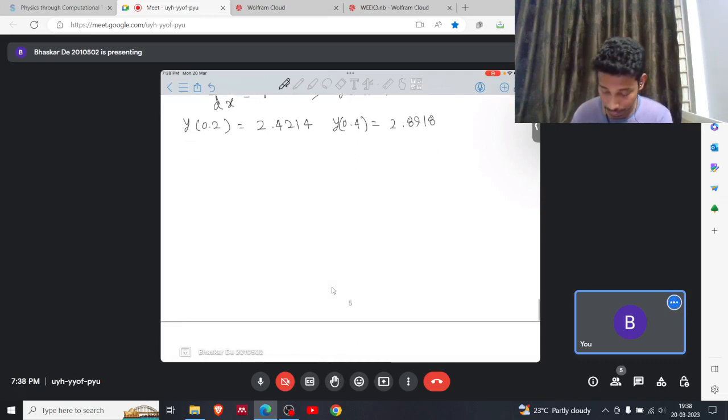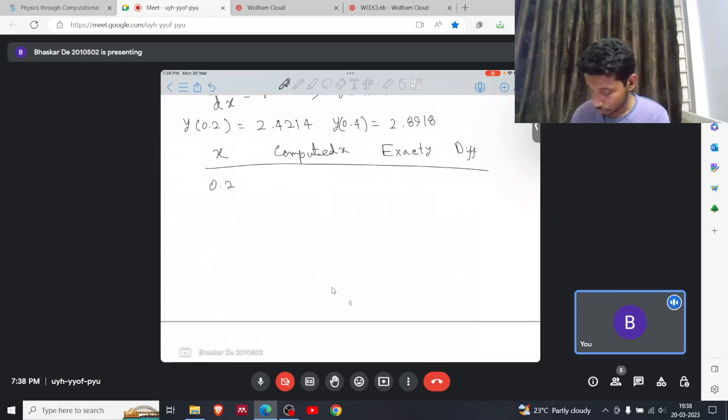So here we can actually make a table and compare the values: x, y computed, y exact, and the difference. Now at x equal to 0.2, at h equal to 0.1 we get the value 2.4210, at h equal to 0.2 we get the value 2.4200, and the exact value is 2.4214.